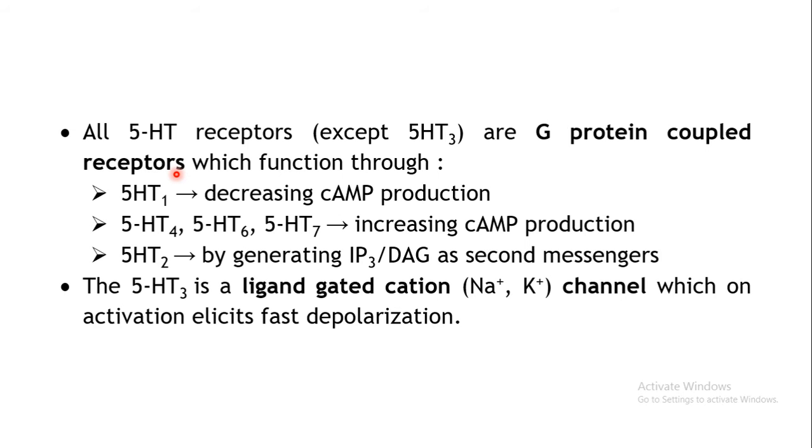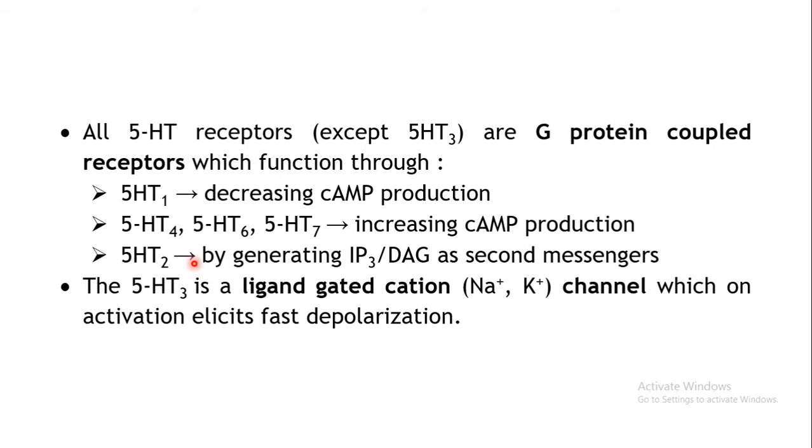You are already aware of the transducer mechanisms, right? So all of them except 5-HT3 are G protein coupled receptors. Now within these also, the way by which the signal is transduced is again different, because we are already aware of the different types of G protein coupled receptors, right?